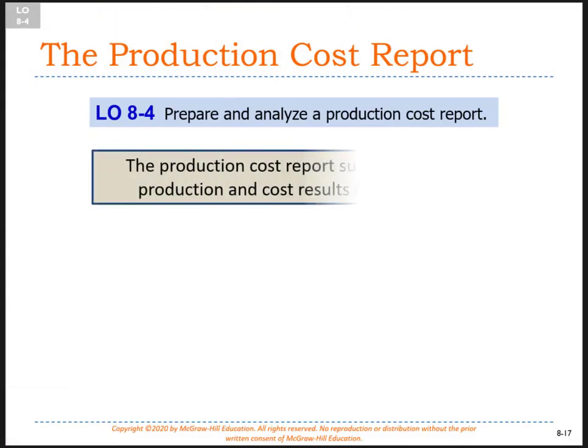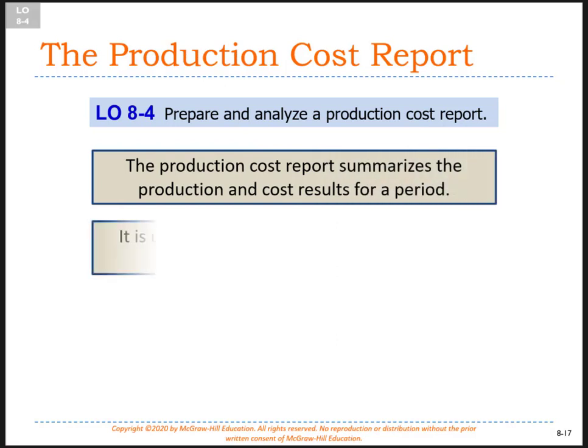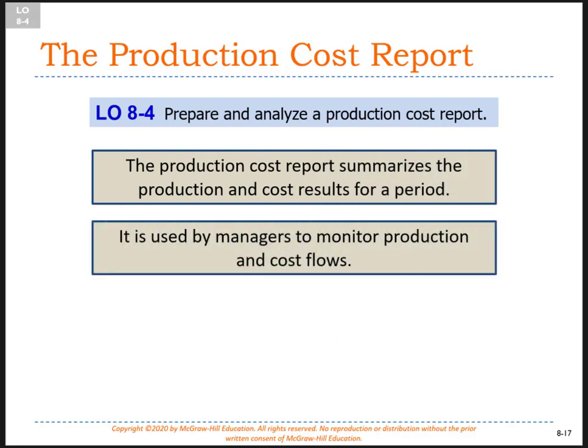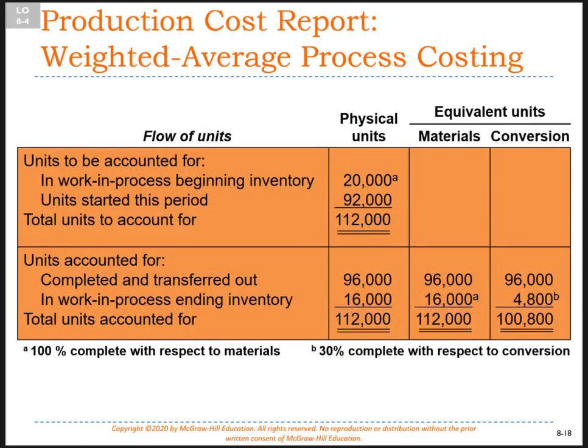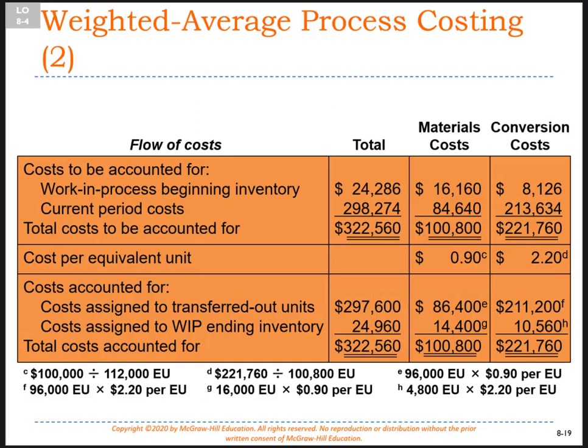This whole process, or 5-step process, is sometimes referred to as the production cost report. Okay? And you can see as we go through this report, it really is just the same thing. We do the physical units. We calculate the equivalent units. Okay? We have our costs.